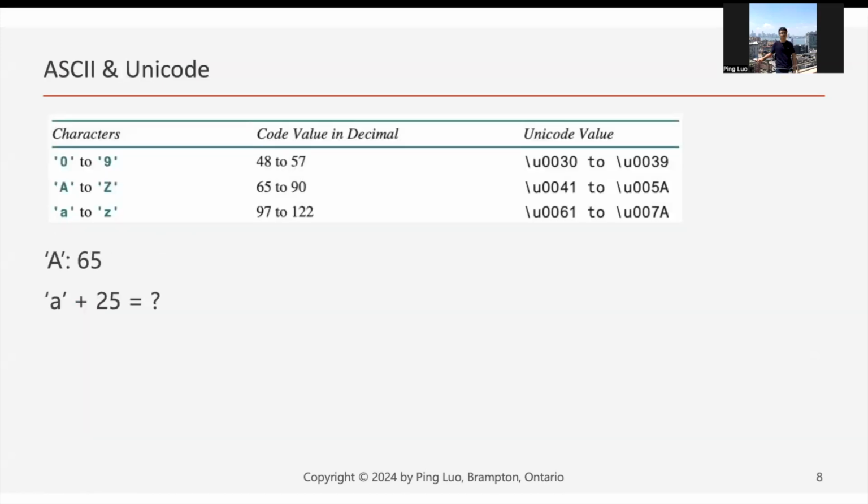We then learned characters using ASCII code and Unicode. The difficulty is that you need to remember that each character has a specific number in the system to represent it. For example, capital A is 65 and small a is 97.